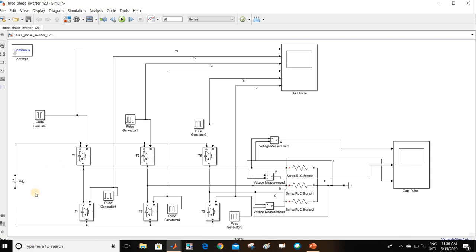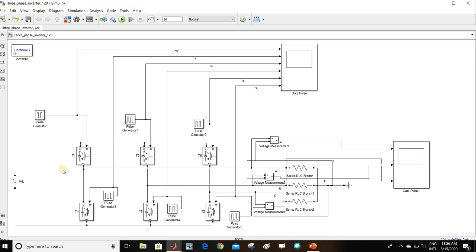From the Simulink library we require a DC voltage source to give the supply here. We have taken IGBT diode as the switch. To get pulses to the switches we are using pulse generators.